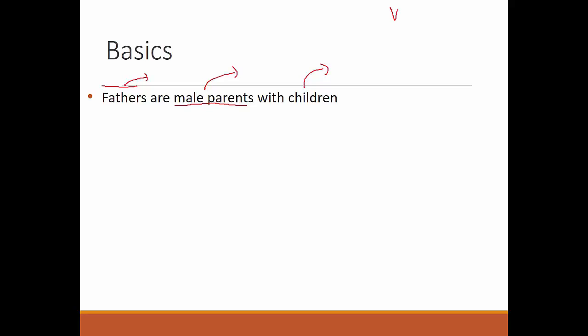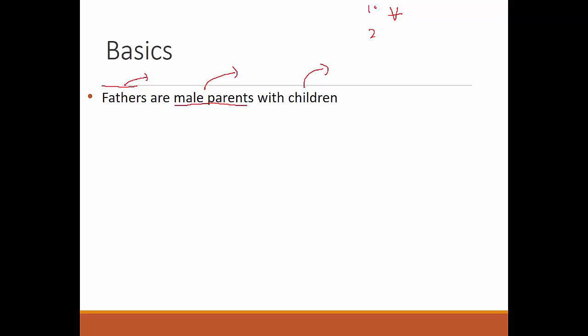Okay, so let's move forward. Fathers are male parents with children. So it's talking about all fathers. X is a male parent. This is how we represent it. Then X has children. So we found a few things here. Since it's talking about all fathers, we will have a universal quantifier, number 1.